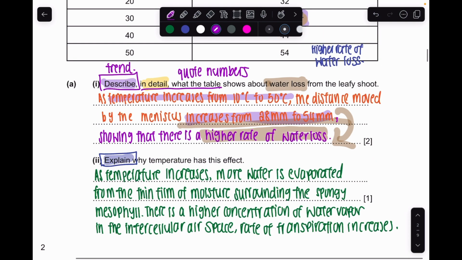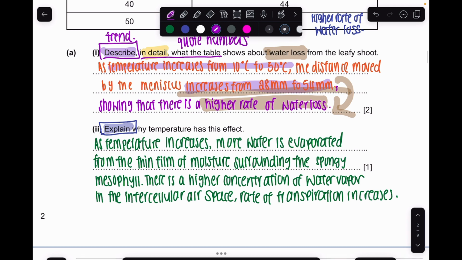We know this since primary school science. If you have a puddle of water under hot sun, the evaporation rate will be higher. So more water is evaporated from a thin film of moisture surrounding the mesophyll, and then there will be a higher concentration of water vapor in the intercellular air spaces that causes transpiration rate to increase. So a lot of words for this 1 mark.